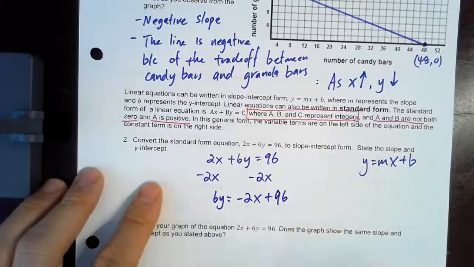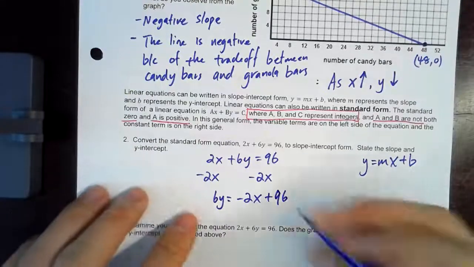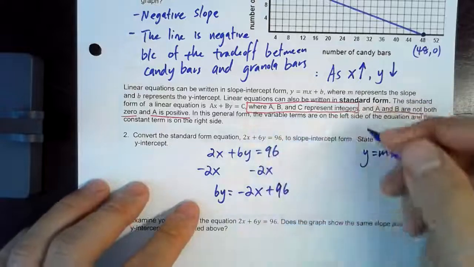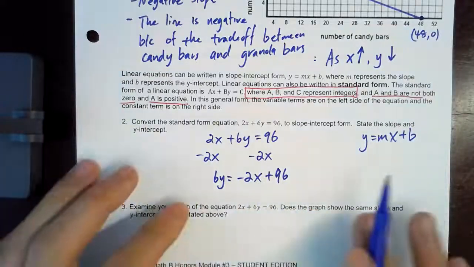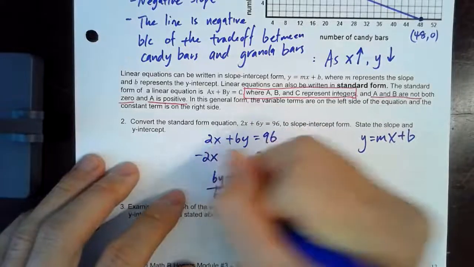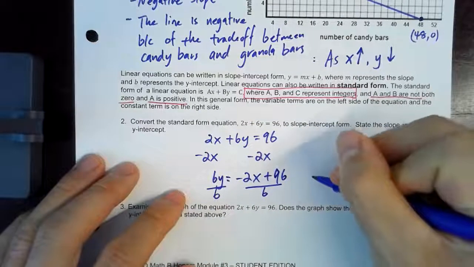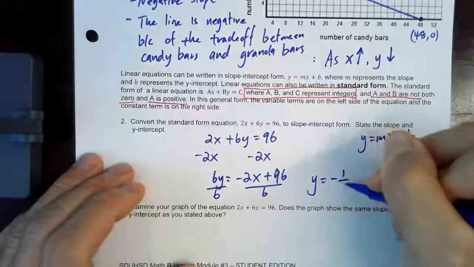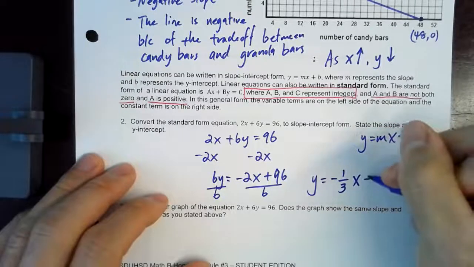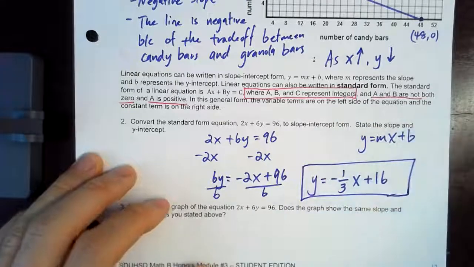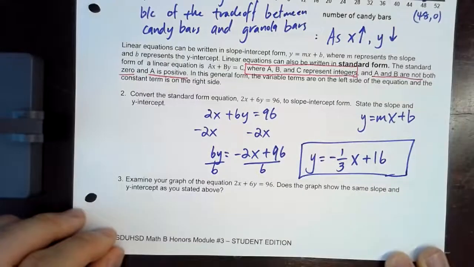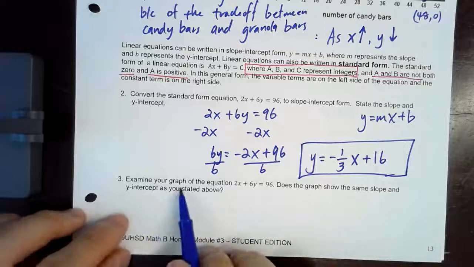As you get used to this, you'll realize you've been doing it for a while now. You just simply subtract the 2x from both sides. You get negative 2x on both sides. Notice how I put the negative 2x in the front, because that's what slope-intercept form is. Then I divide both sides by 6, and I get y is equal to negative 1/3 x plus 16.